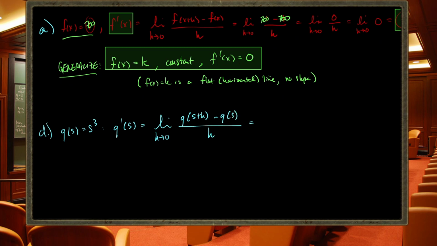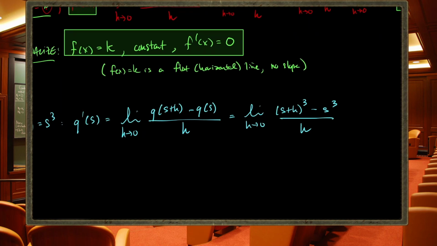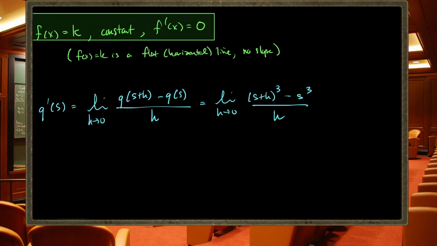Okay, so what is q of s plus h? Well, we take s plus h and plug it into the function. So that's s plus h cubed minus s cubed all over h. And again, I dropped my limit notation, just going a little too fast. So here we'll expand this all the way out.